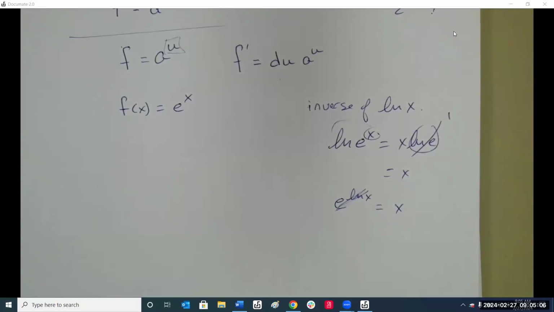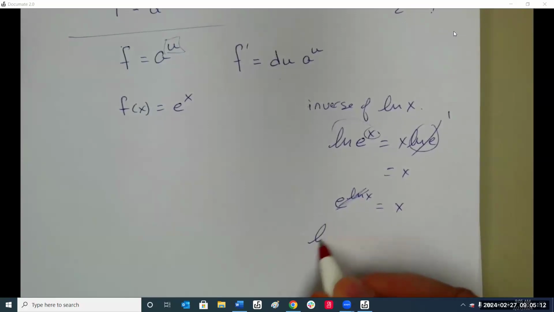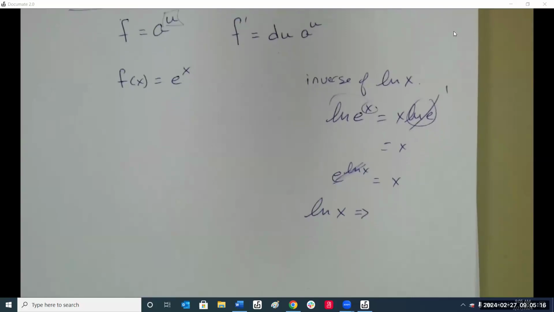Okay, here's an algebra review. Write that, expand it as a logarithmic equation. Log base something of something. What is ln?